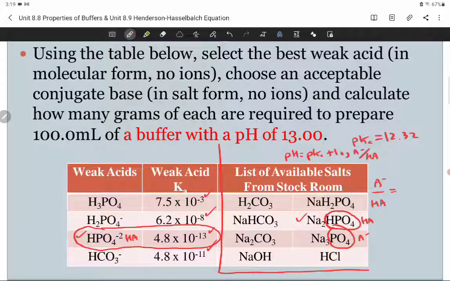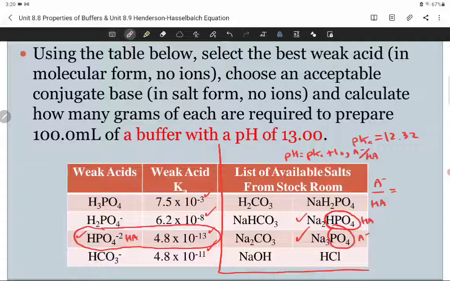that. Now you could do all the math right, but if you go pick 2 chemicals other than those 2 chemicals, or even if you do pick those 2 chemicals but get them mixed up for the A minus and HA, again, your math might be perfect, but in practice, that buffer that you created will not have a pH of 13. So you have to pick the right 2 chemicals.